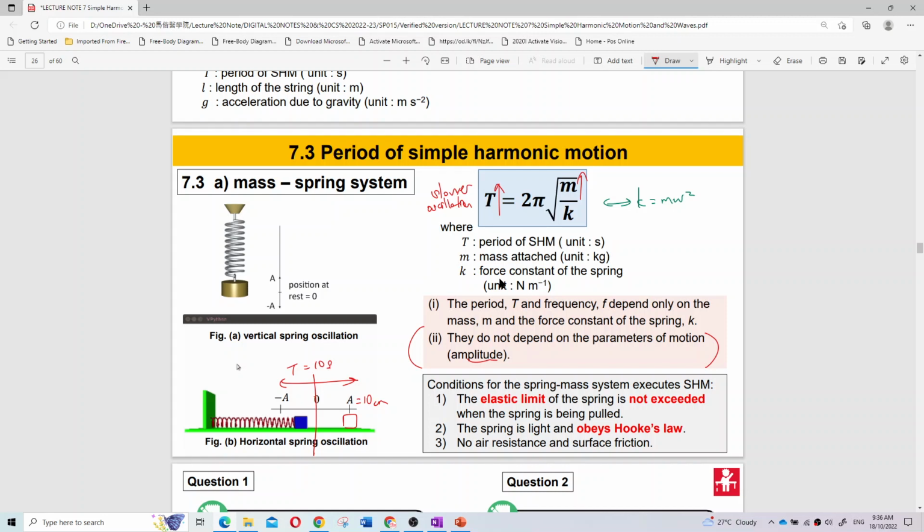Now in the other experiment, I put 2 times the amplitude, 20 cm. What is the period 2? Amplitude 1 is 10 cm, so period 1 is 10 seconds. If I put the amplitude at 20 cm, what is the period?